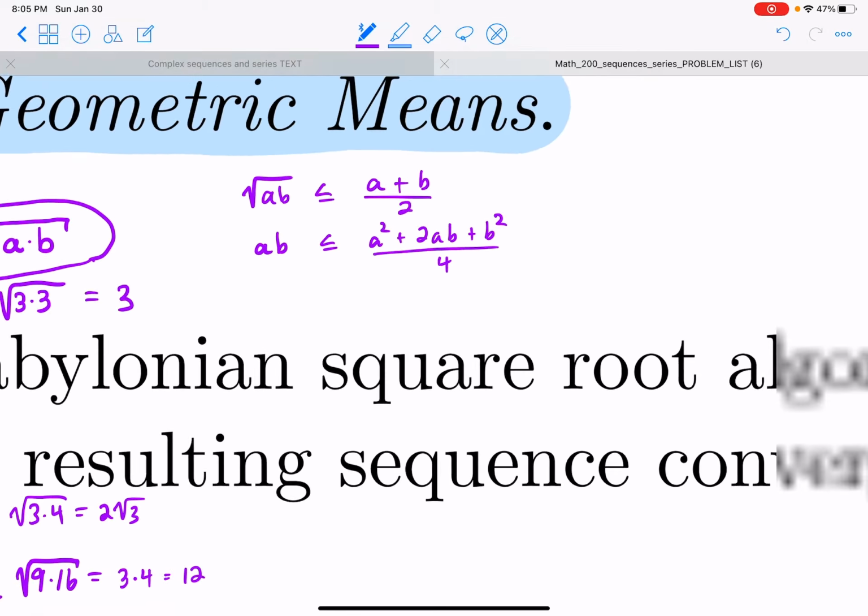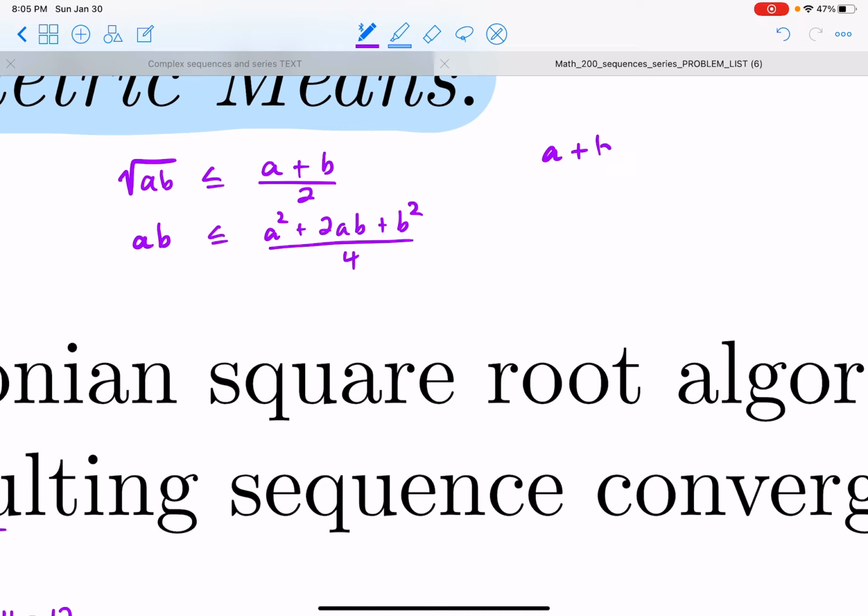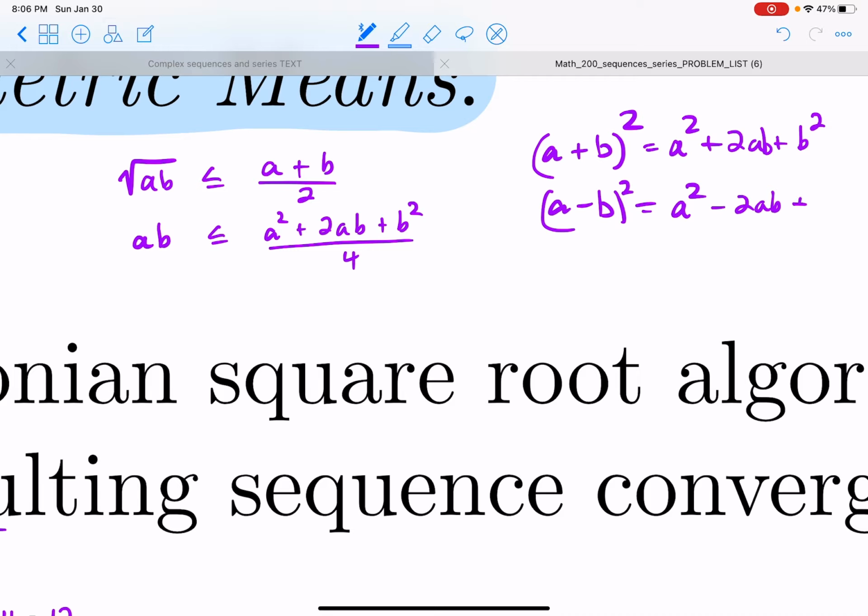Now, in particular, you need to be really good at squaring the sum, and also squaring the difference. In particular, if we multiply by 4 on both sides, we'll get this.